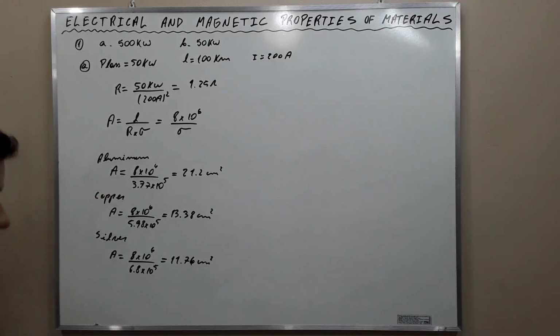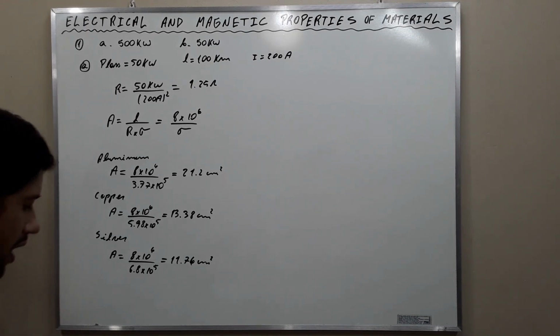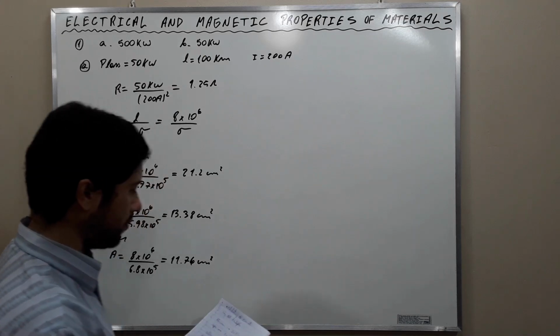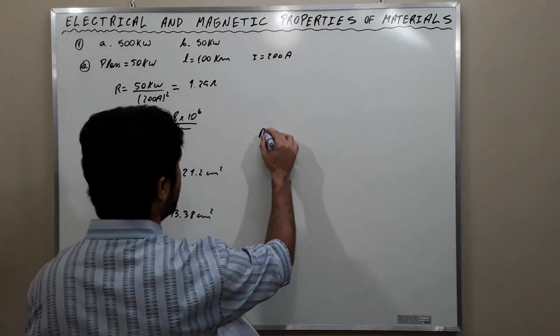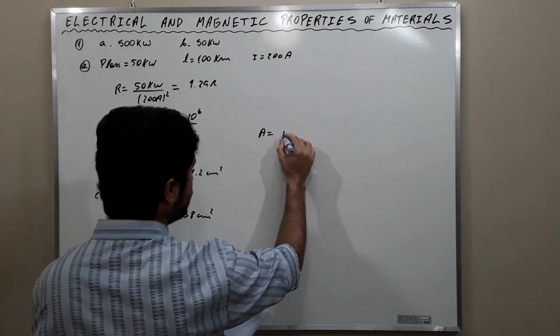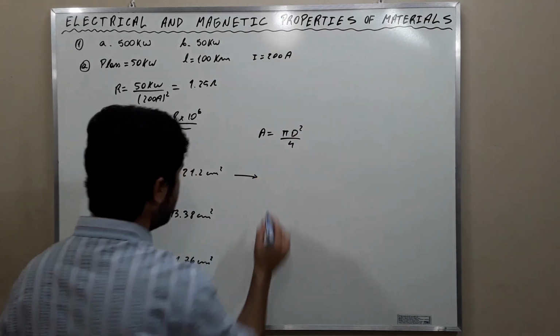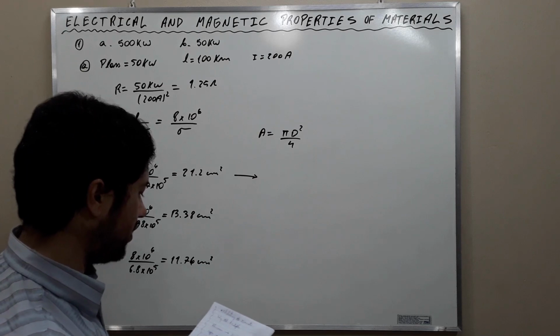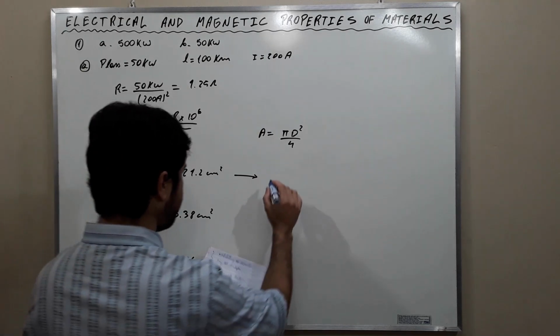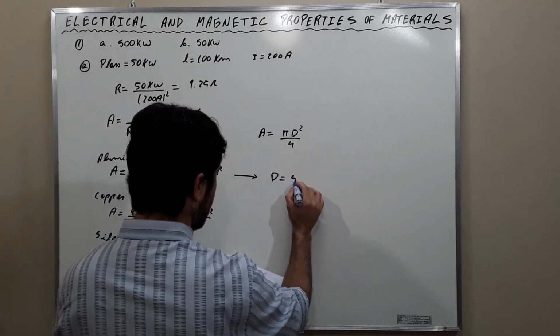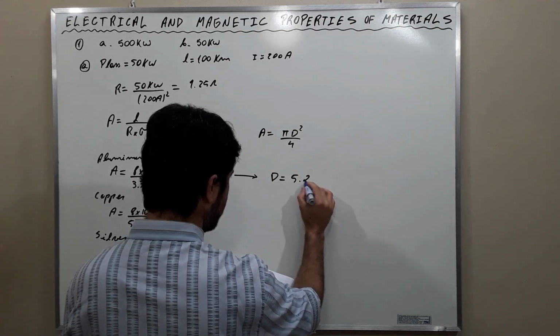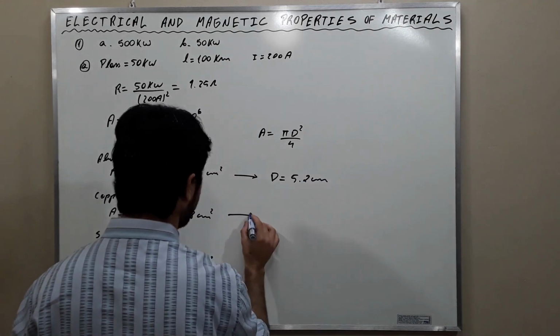From the cross-sectional areas, we can calculate again the diameters. For aluminum, using the same expression, we're going to use that area is equal to pi d squared divided by 4, and this gives a value for the diameter as 5.2 centimeters.